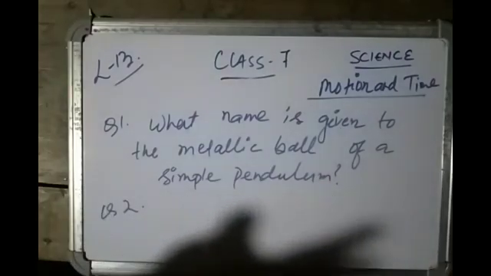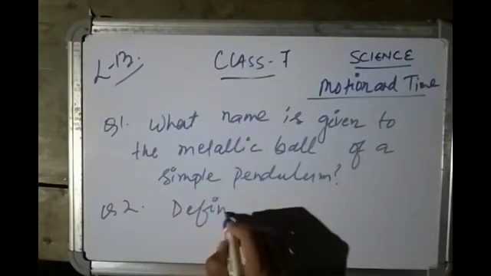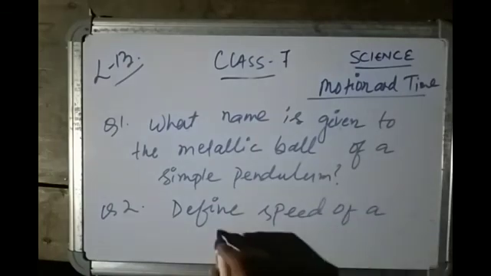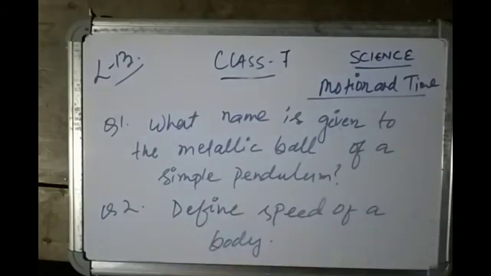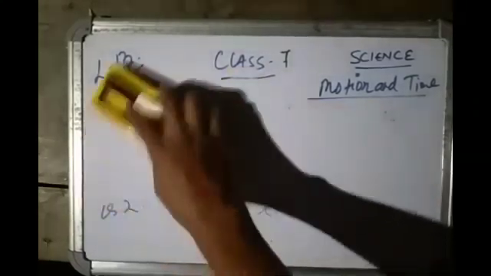Question number 2: Define speed of a body, or define speed of an object. So try to find the answers to these questions, this will help you to check whether you have understood the topic or not.